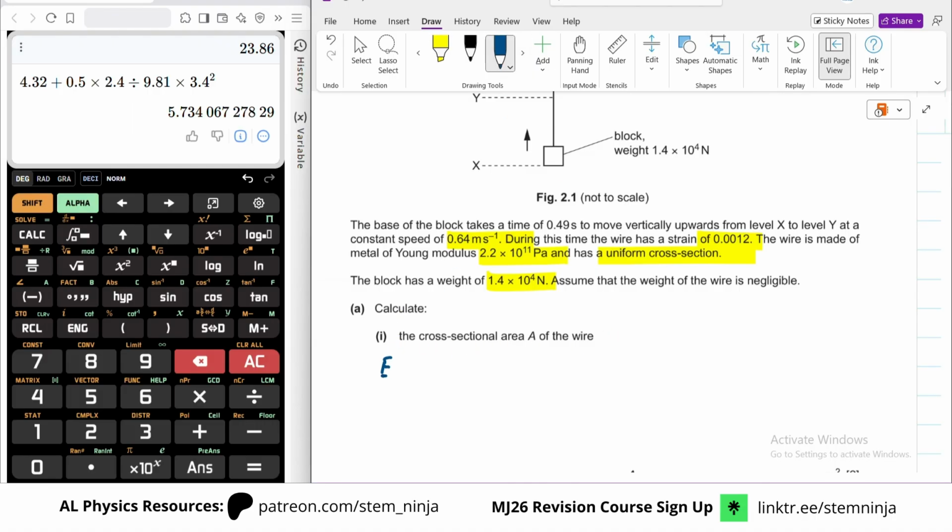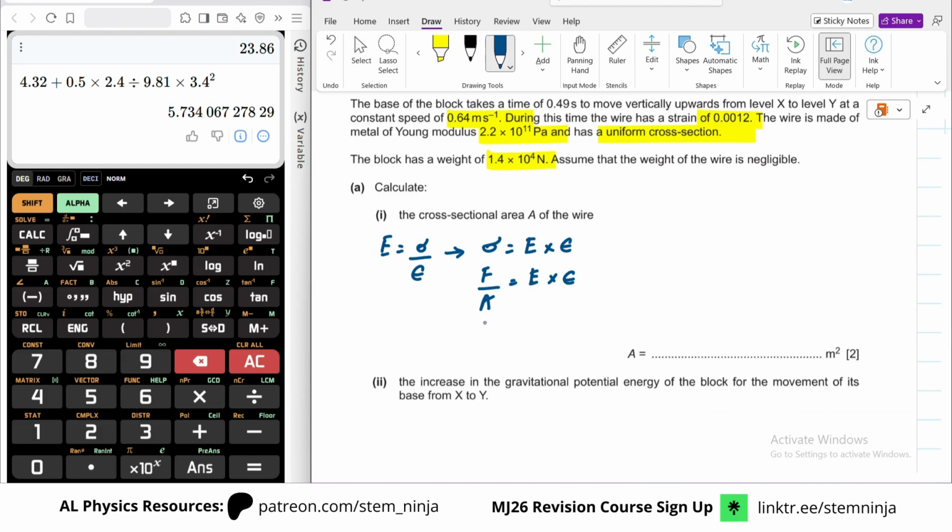Okay, so we know that Young's modulus is stress over strain. So stress is basically the Young's modulus times strain, and this is just force over area. So therefore the cross-sectional area would be force over Young's modulus times strain.